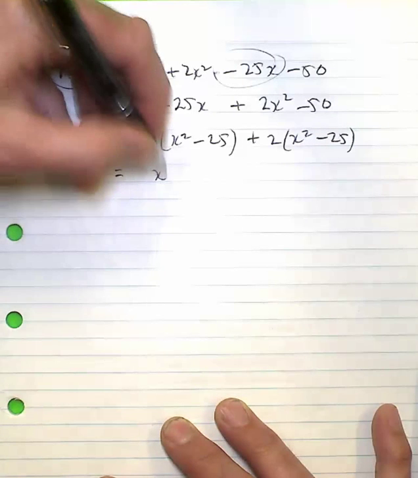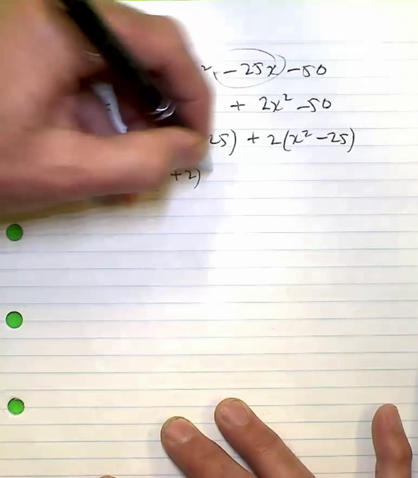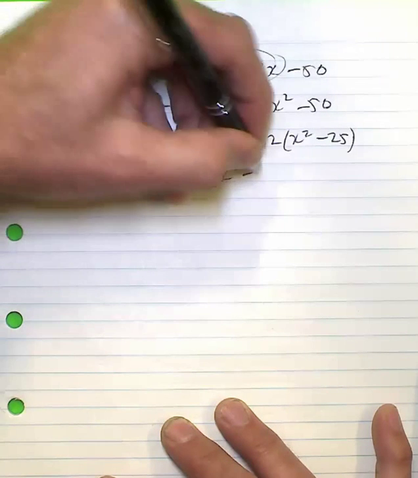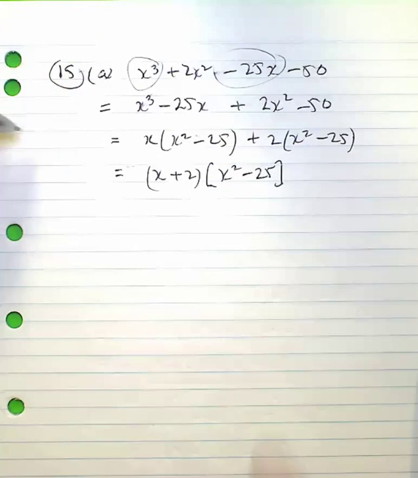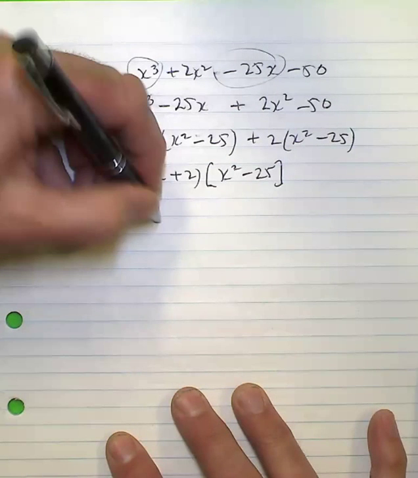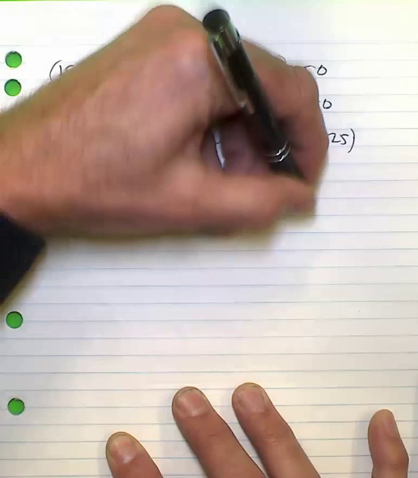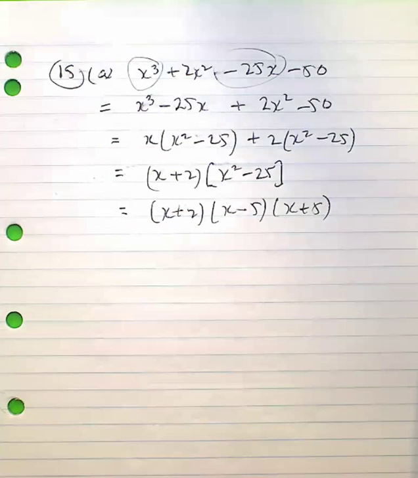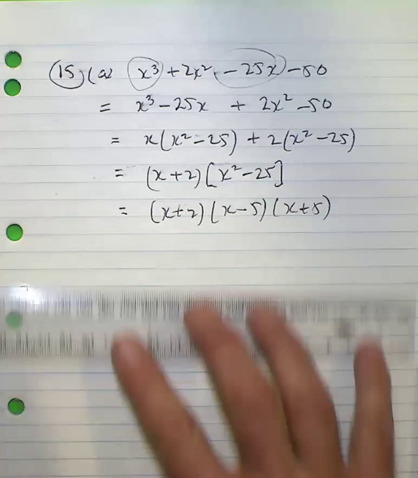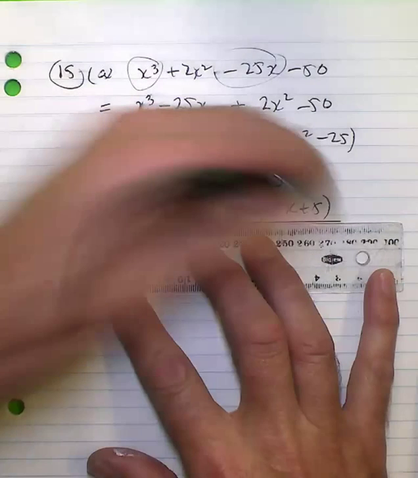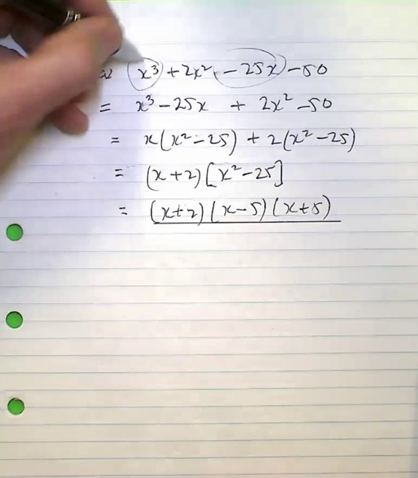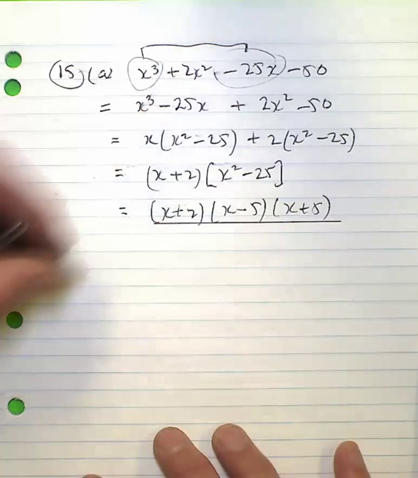Gathering that together, I've got x plus 2 lots of x squared take 25. Now that's difference of two squares, so by recognition x minus 5 lots of x plus 5 there as my answer. A little bit tricky because you've got to initially group together.